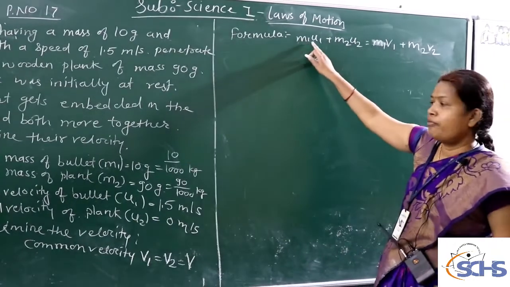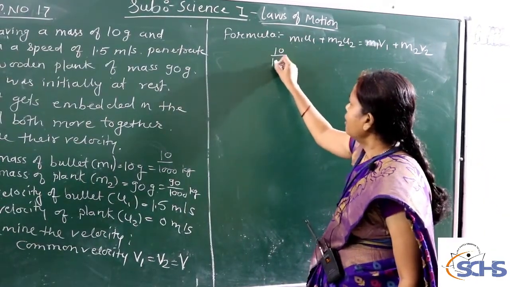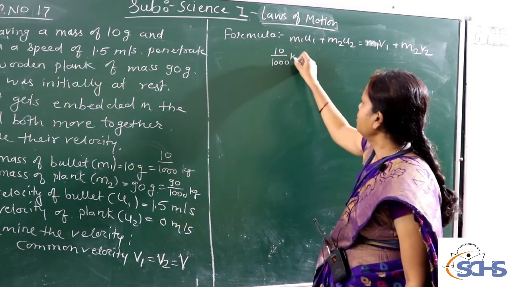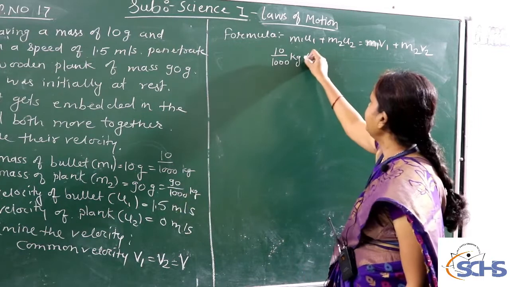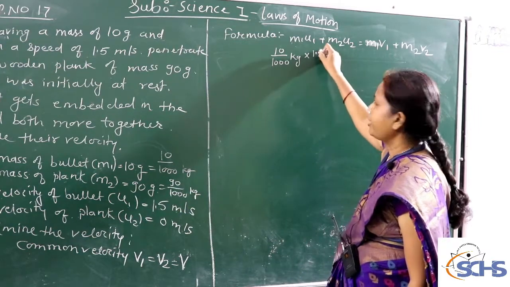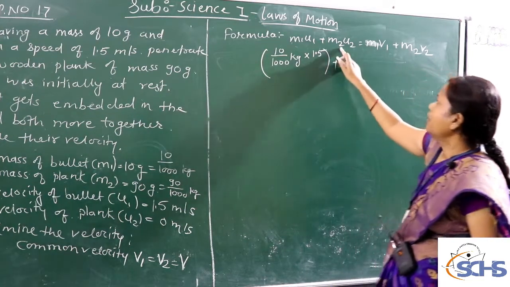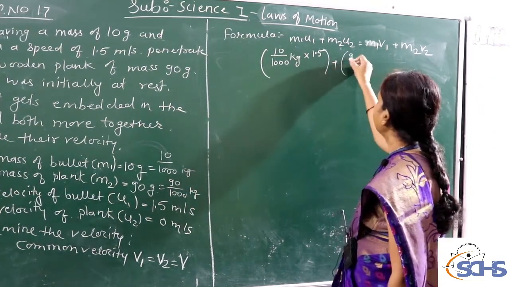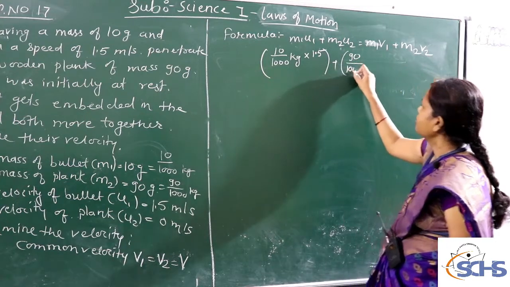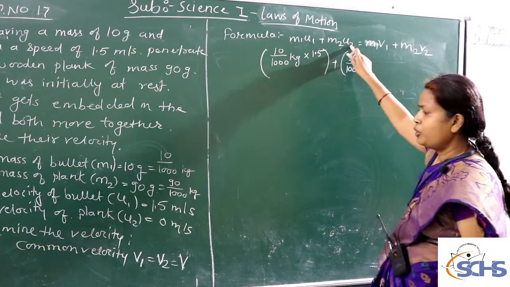What is the value of m1? It is given as 10 upon 1000 kilogram. What is u1? It is 1.5. Okay, plus m2, how much it is? It is 90 upon 1000 multiply, what is our u2?